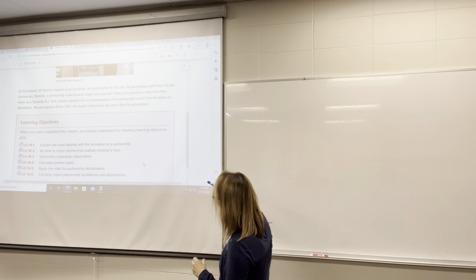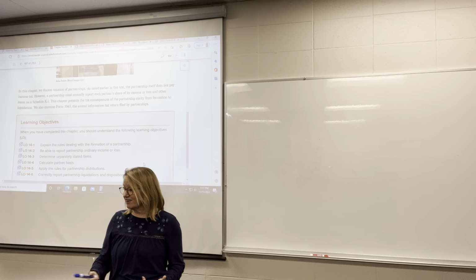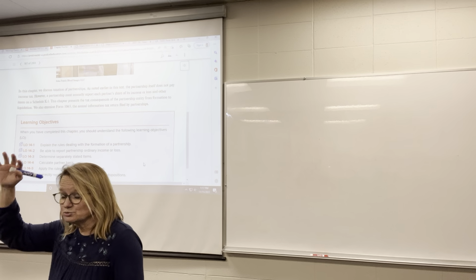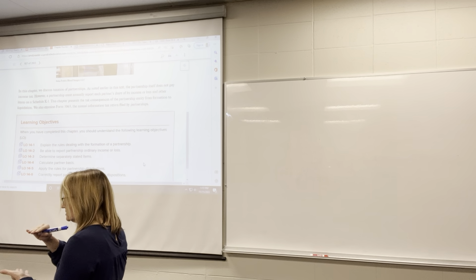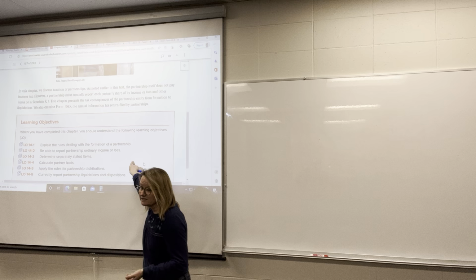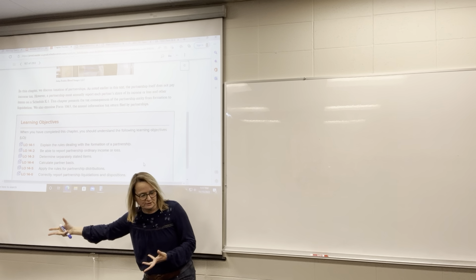But we also have just the ordinary income or loss from the partnership. That is essentially the net income. If you think of Schedule C, line 31, that the taxpayer pays tax on if they're a sole proprietorship, this is the equivalent of that line, except it's from a partnership.